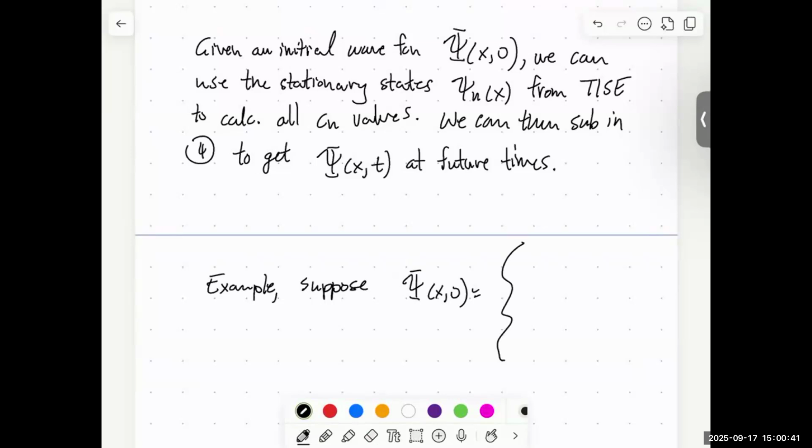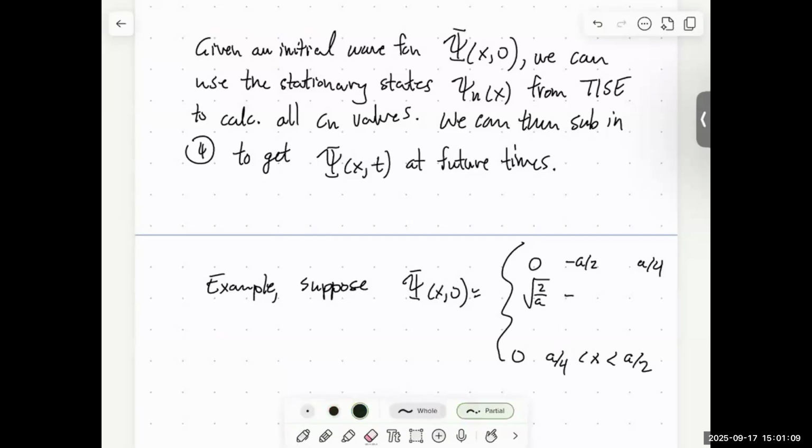So I'm going to say this is 0 from a by 2 to a by 4 on the negative side, and on the positive side this would have to be a by 4 here. And then I'm going to make it root 2 over a, oh, I forgot my minus, this would be a minus sign, from minus a by 4 to 0.